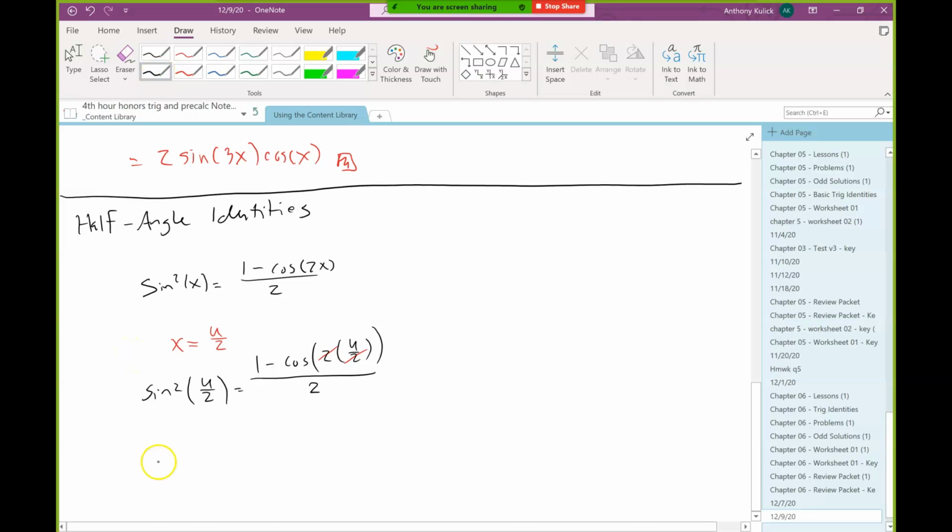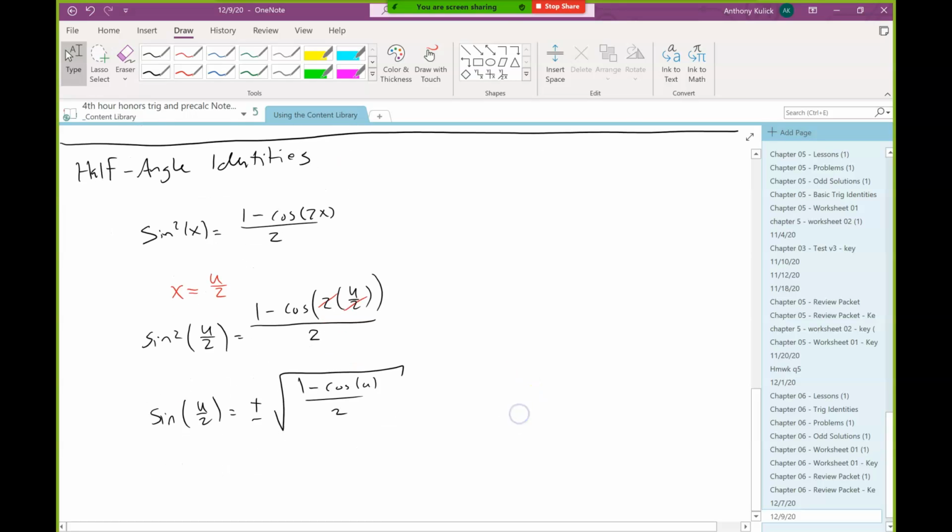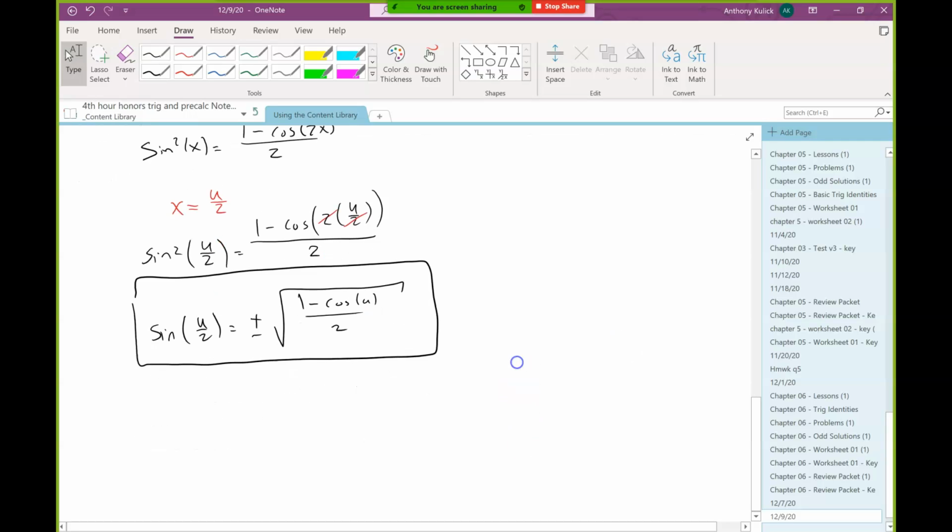And then we'll just square root both sides. And this is our first identity. So that's our first half-angle identity.